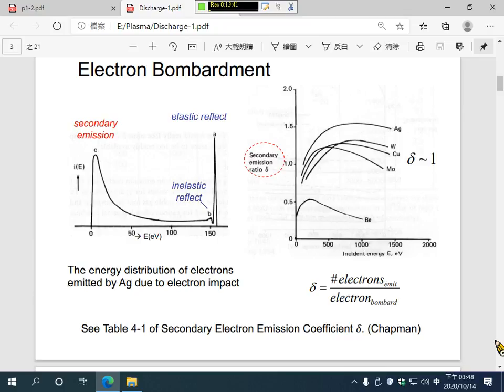Okay. So on the right side, we can find these electrons emitting out, or actually they are reflected back from the surface of the specimen. It's named backscattering electron.